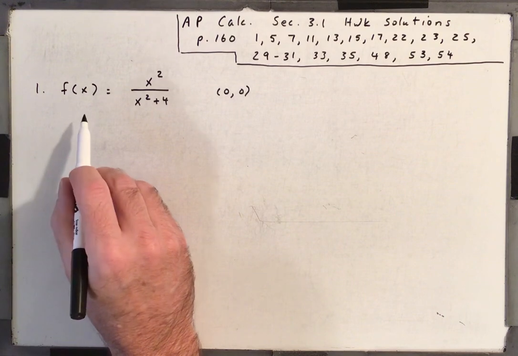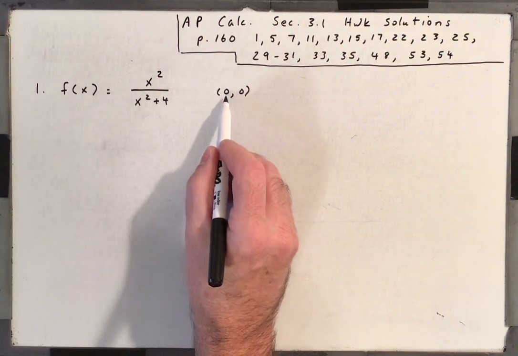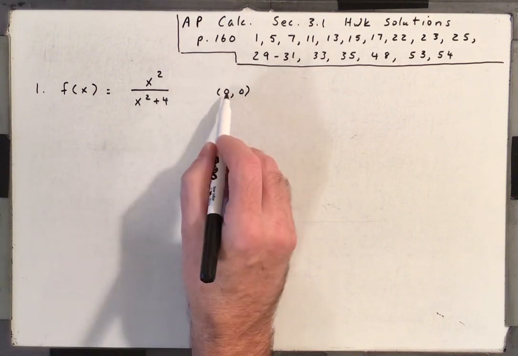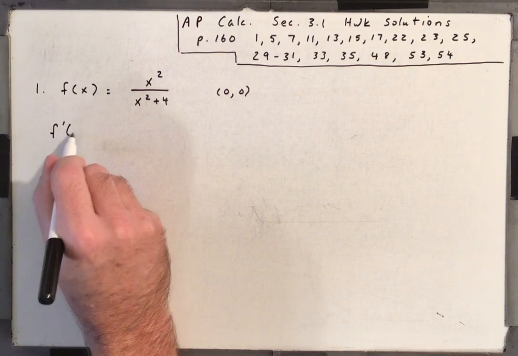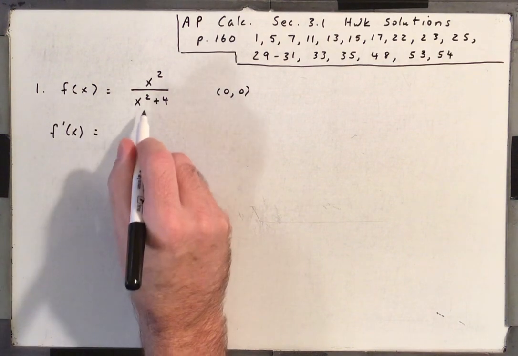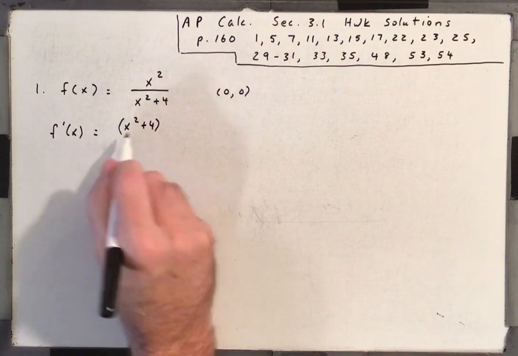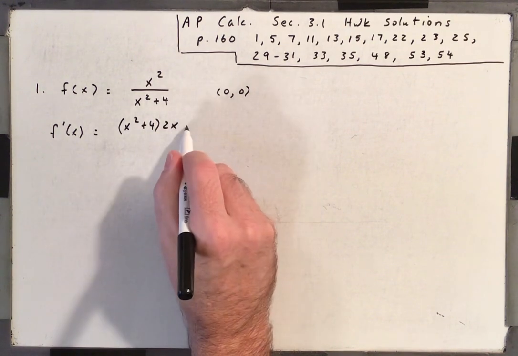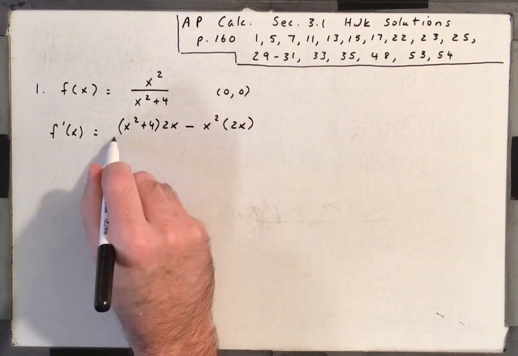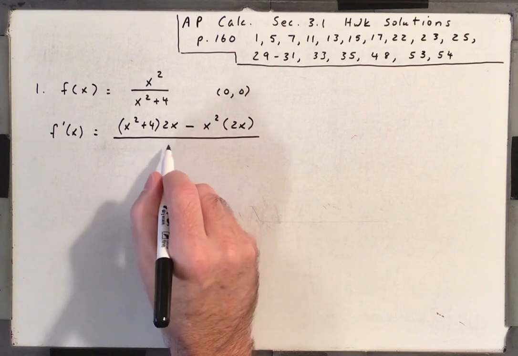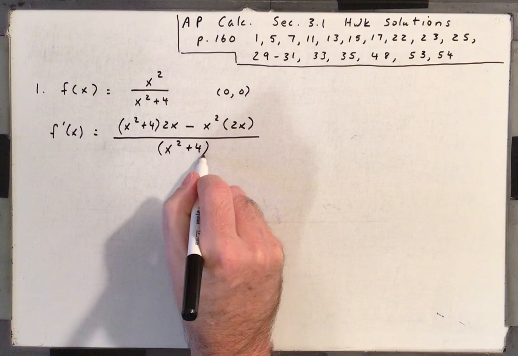Okay, so number one, we just want to evaluate the derivative at the indicated point, which is (0, 0). So we're just going to take the derivative and plug in 0. So f prime of x is going to be the bottom, x squared plus 4, times the derivative of the top, 2x, minus the top, x squared, times the derivative of the bottom, 2x, over (x squared plus 4) all squared.